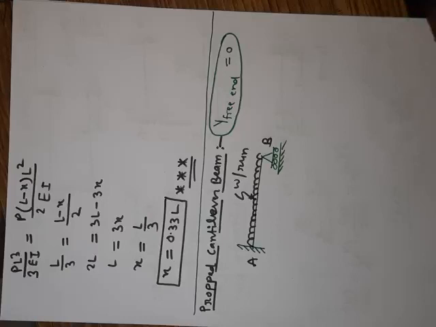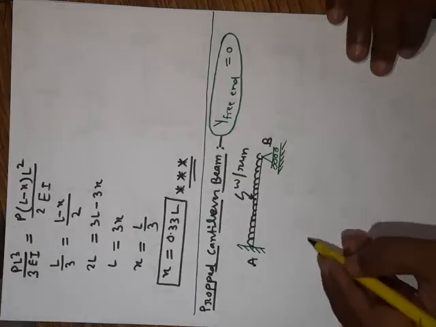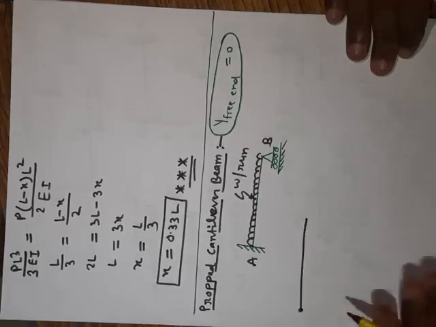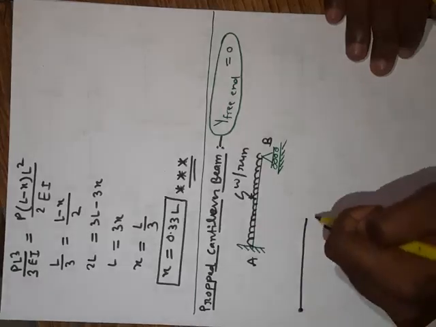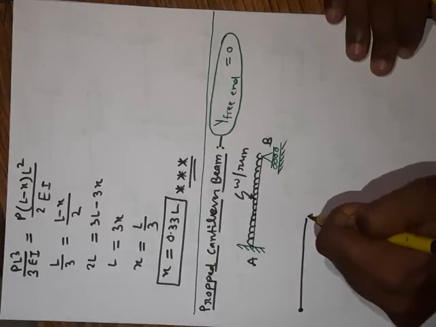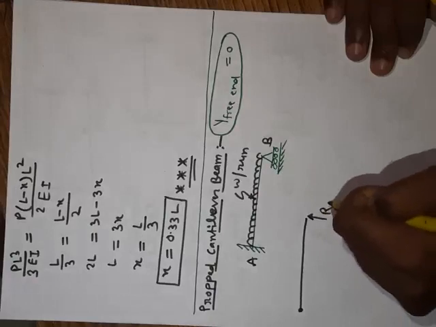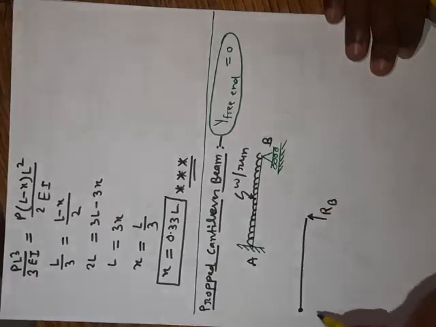In this problem, first we will break this problem into two parts. Let me draw the free body diagram of this beam. Since at point B a roller support is acting, a roller support always gives one vertical reaction only.